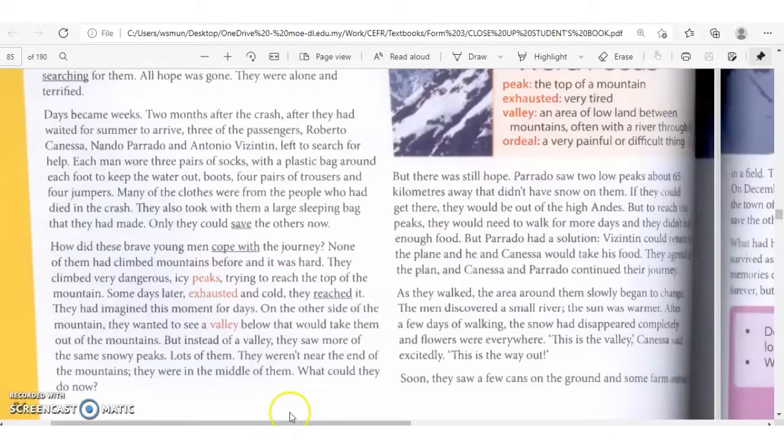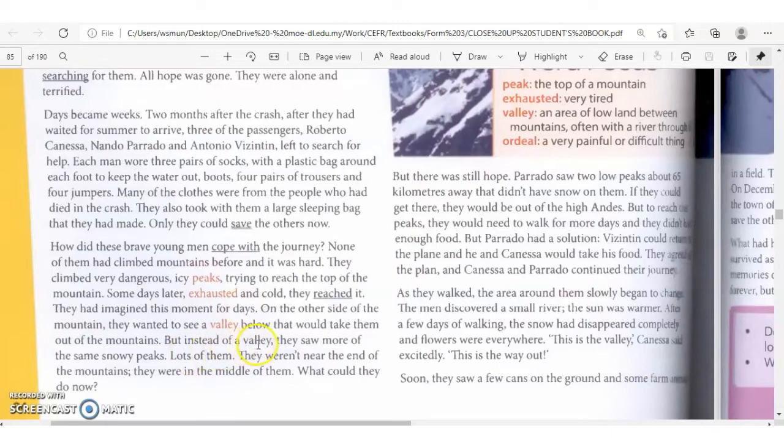So do they see a valley? They wanted to see a valley, and that would take them out of the mountains, but instead of a valley. You have the phrase but instead of. When you have the phrase but instead of, that means they are disappointed, isn't it? It is not as expected, right?